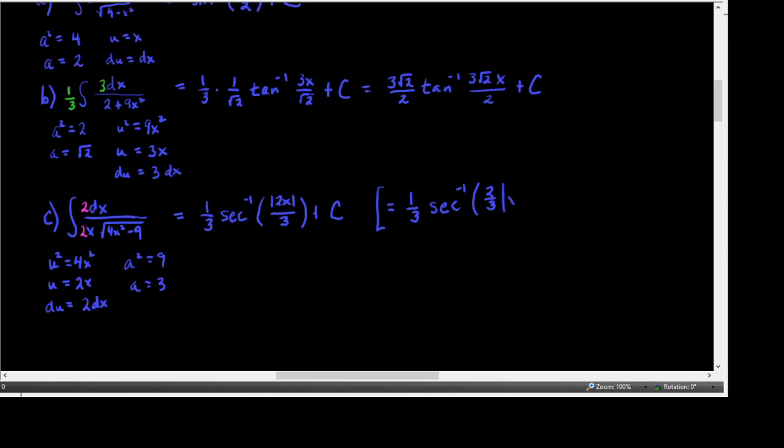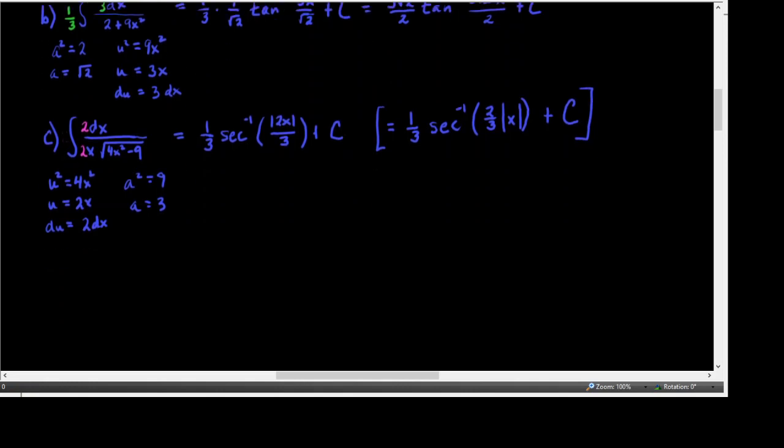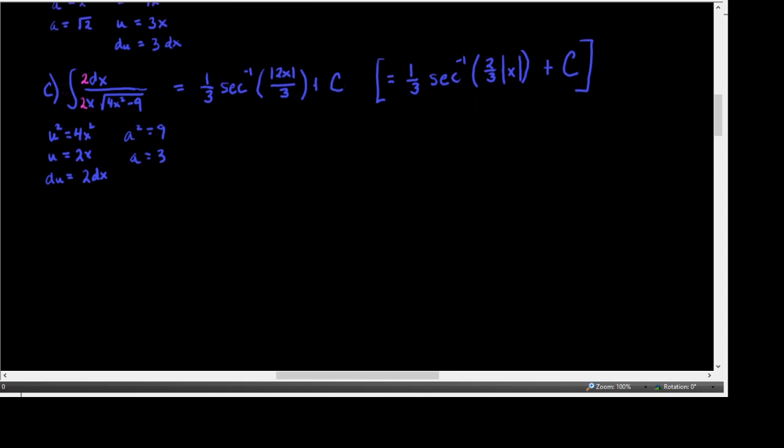And since we don't know if x is positive or negative or 0, that absolute value has to stay on it. If we decide to take this that far, that would be the appropriate final response if you're trying to simplify your answer as much as possible. But like I said, the original answer I have there is just fine. So you may leave it in that form.